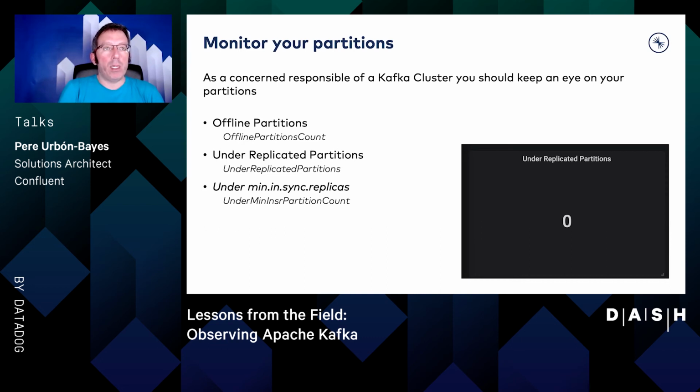When this doesn't recover quickly enough, it is an indication that something is happening there. And last but not least, the min in-sync replicas. All of these three variables are things you can pull from JMX, and they will give us information on the state of my partitions and my replicas.